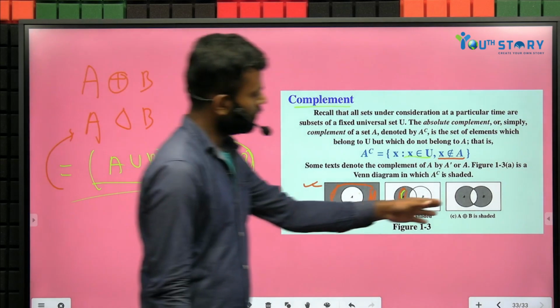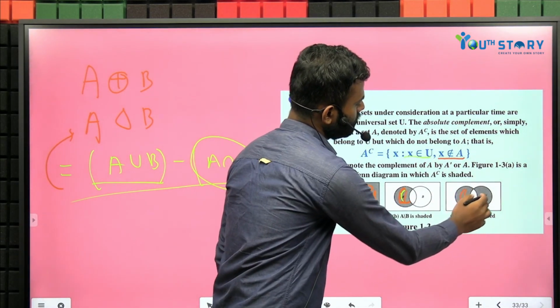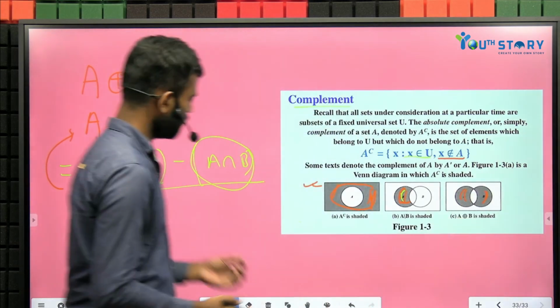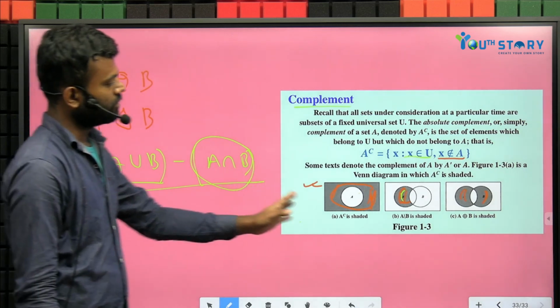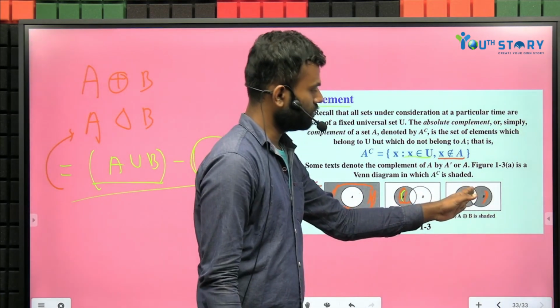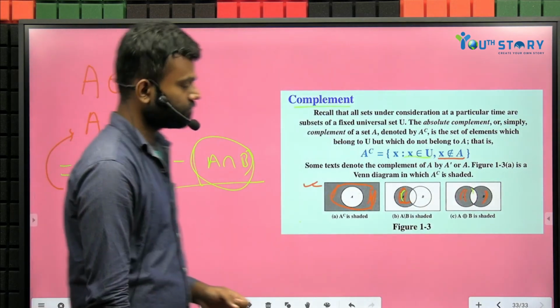So the image will be this, consisting of these parts. Since we delete the intersection part, this part will be white.